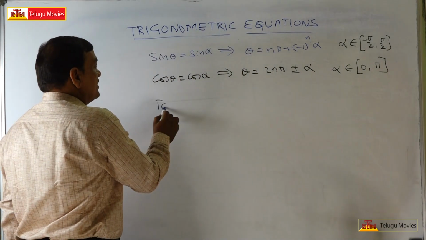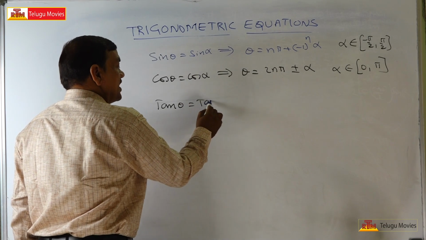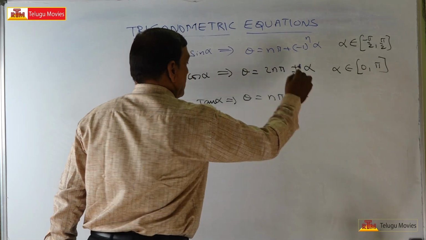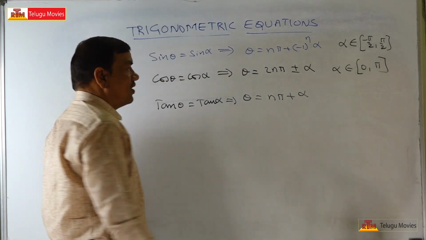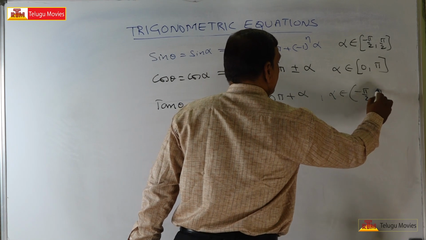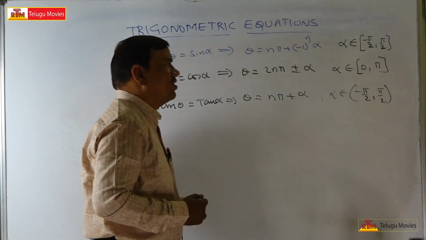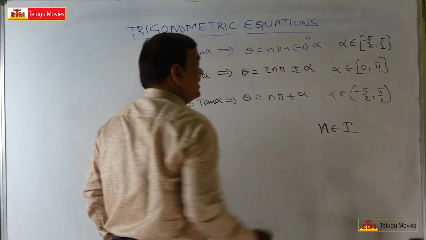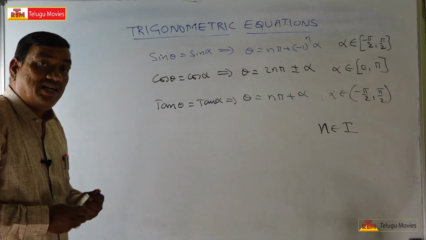If tan theta is equal to tan alpha, this implies theta is equal to n pi plus alpha, where alpha belongs to the open bracket minus pi by 2 to plus pi by 2. For all these problems, n is an integer. So these are the general solutions.